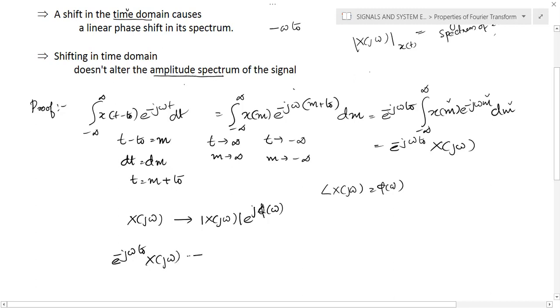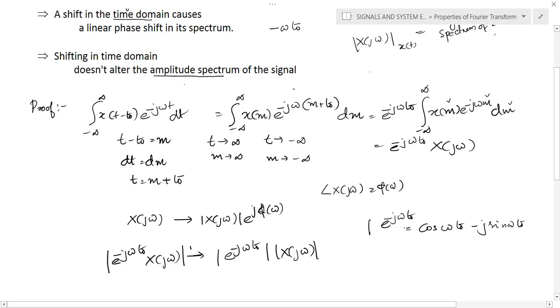If you take the modulus of this particular signal, e raised to minus j omega t0 into X of j omega, that's a new spectrum. It's the modulus of e raised to minus j omega t0 into the modulus of X of j omega. Here you can see the one term e raised to minus j omega t0, and by using Euler's formula, it's cos omega t0 minus j sine omega t0.